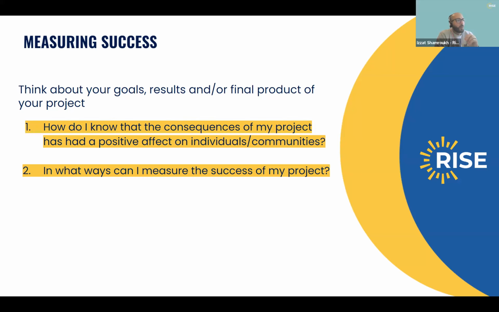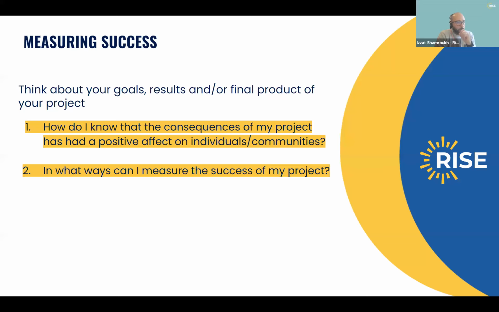How do I know that my project has had a positive effect on the individuals or the communities that I am with? For example, one of the other examples we had today is about education for girls in a specific community. So how do I know that I am successful? Is it by the number of girls that I have been able to reach?